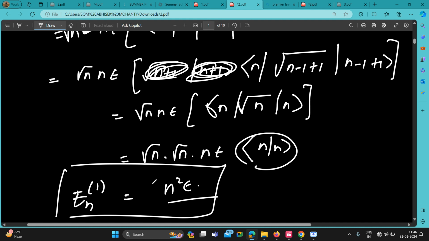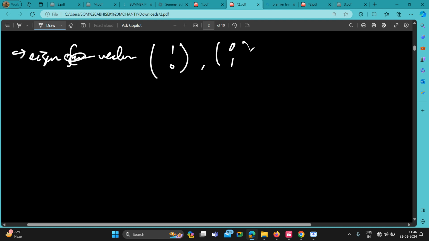This type of question also comes in the exam. Also, a question comes where eigenvectors are given, 1 0 and 0 1.